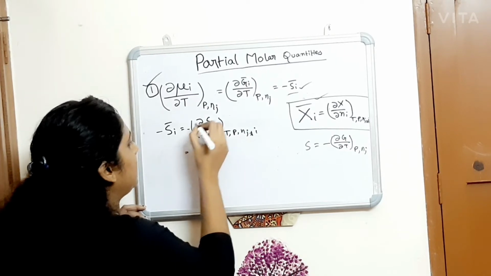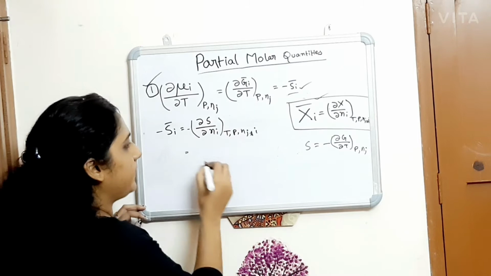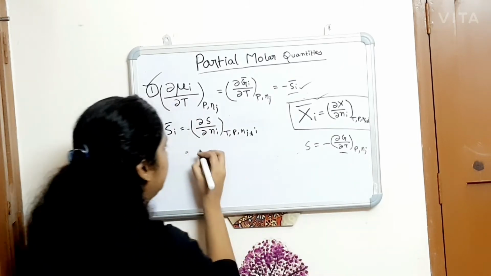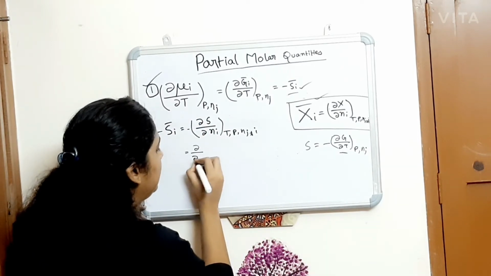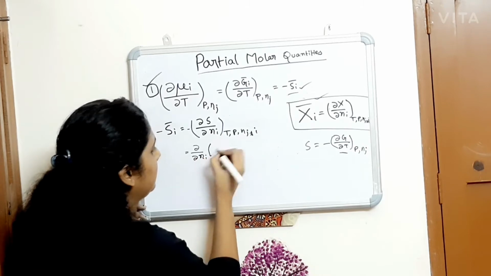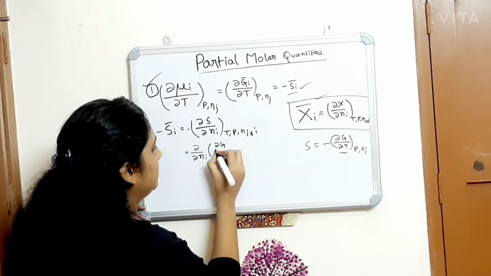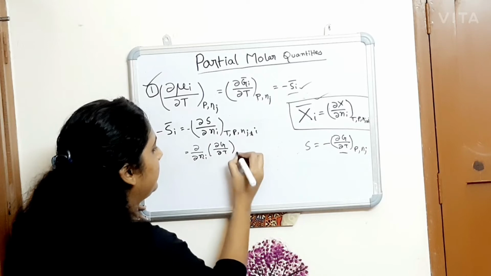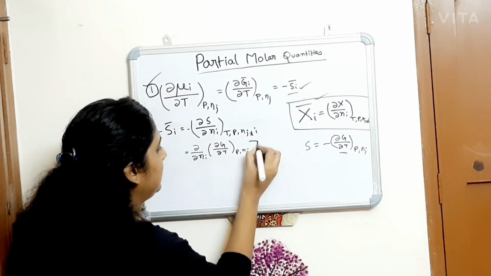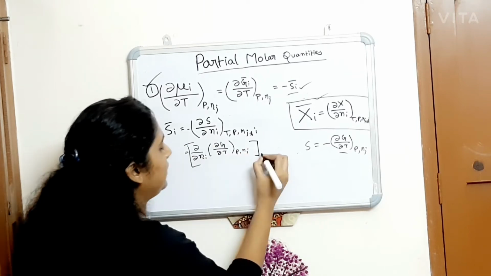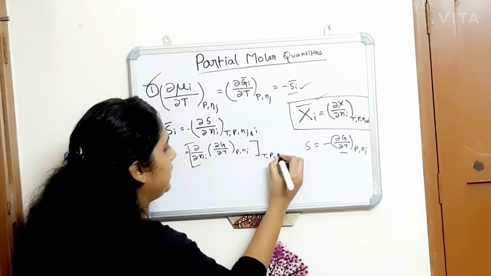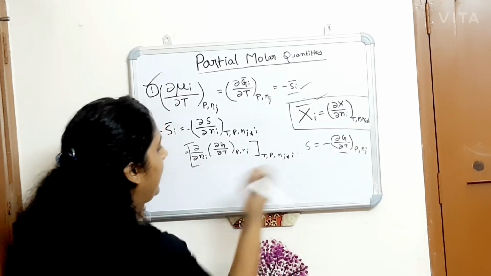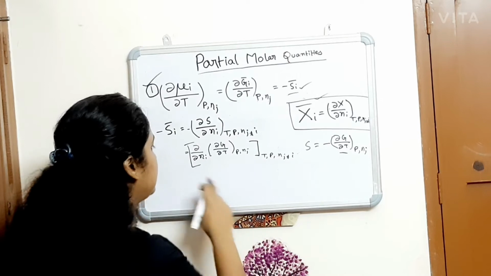In place of minus S, just write this term, ∂/∂nᵢ of ∂G/∂T at constant P, nⱼ, and the whole is at constant T, P, nⱼ ≠ i.